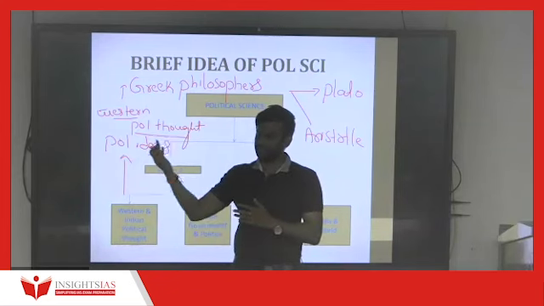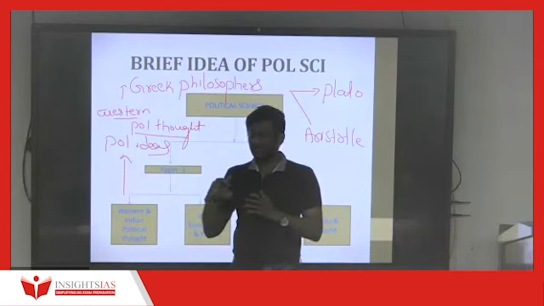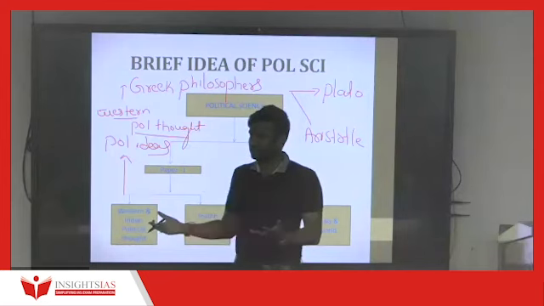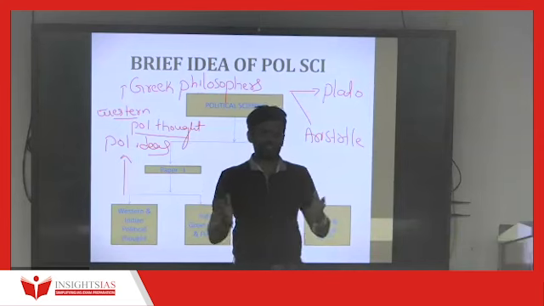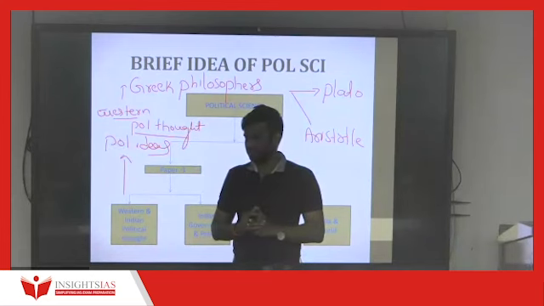He blames the deterioration of the city state of Athens mainly on the wrong choice of the people, or on democracy as a form of government, which enabled mediocre people to come to power. And he gives an alternative idea called the philosopher king, meaning one who is most knowledgeable has to become the king.